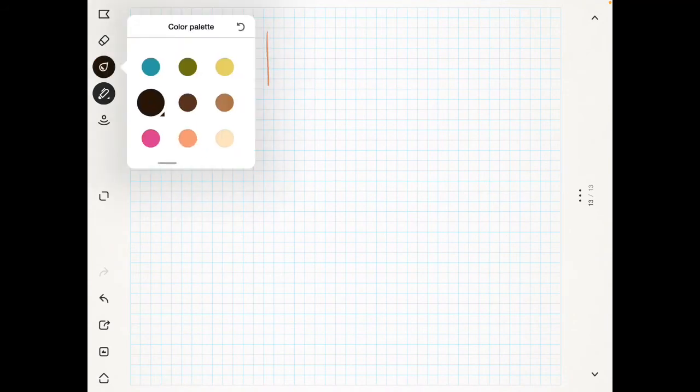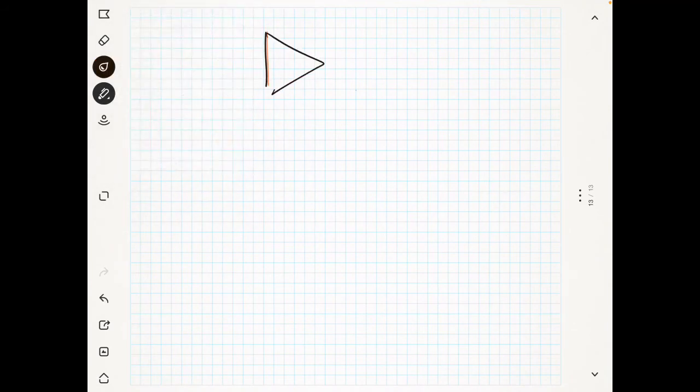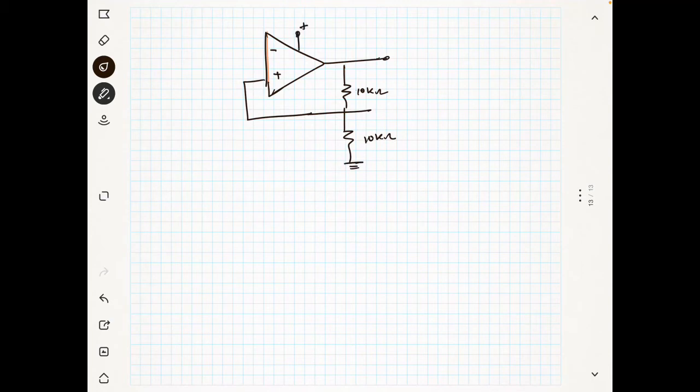So let us assume that you have a Schmitt trigger, minus, plus, and this is 10 kilo ohm, and again this is also 10 kilo ohm. Okay, and this is plus 10 and minus 10.